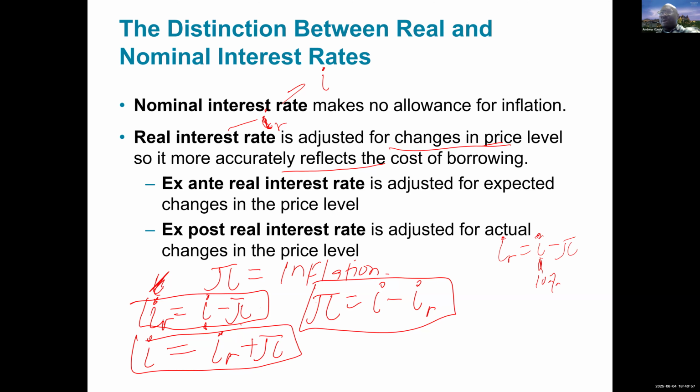So the value of the money you're paying back has gone down because of inflation. The banks already know how to estimate this. They might say after 1 year, inflation could be 3%. So the real interest rate is just going to be 10% minus 3%, which is 7%. They know they're getting only 7%. Banks do that.